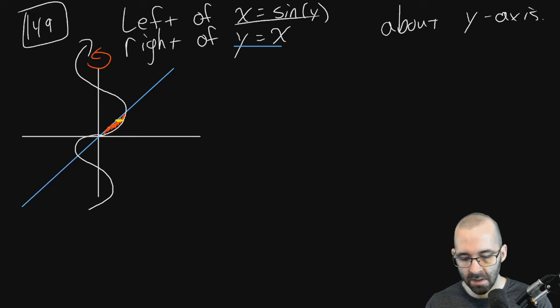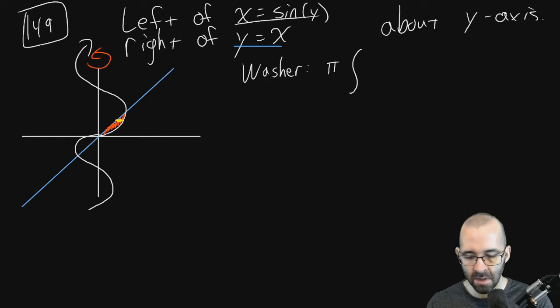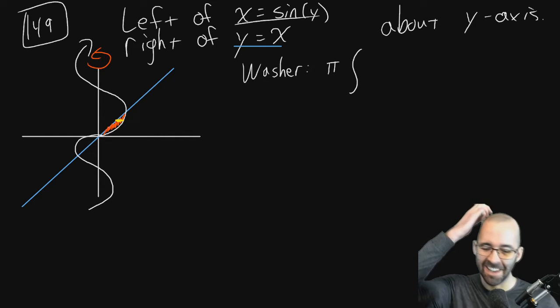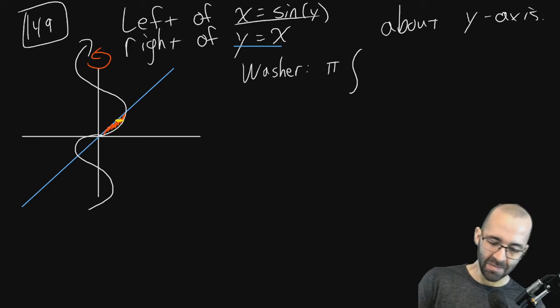So it's going to be pi times the integral in terms of y. y is going from 0 up to, what is this point? The x coordinate is 1 here. Yeah, this 1 comma... no, this is not 1 comma 1. Wait a minute. What is this intersection? I don't think this is anything nice.